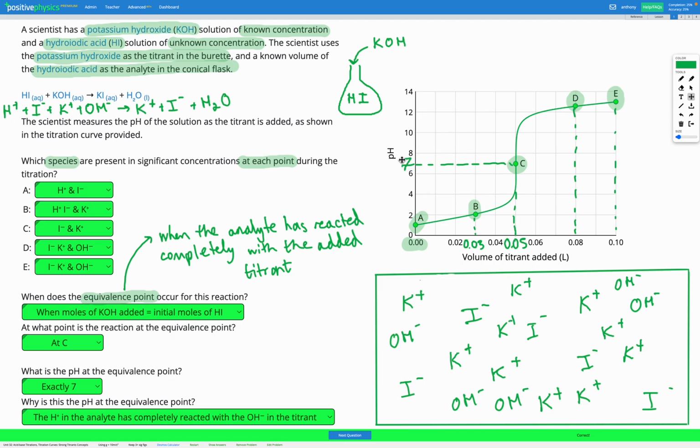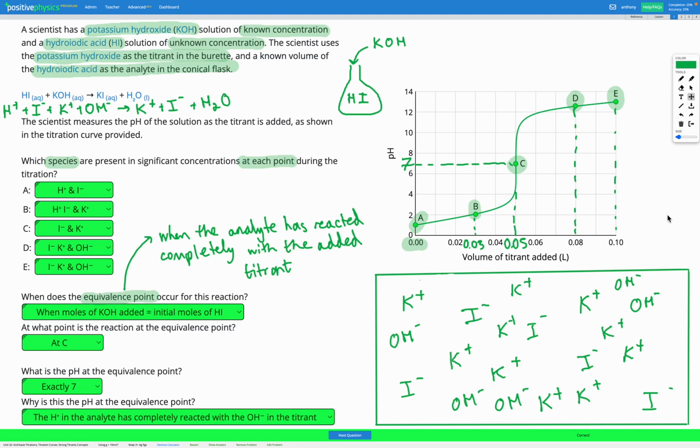We know that because the pH is 7, and since we have a strong acid and a strong base, the pH is going to be 7 at that equivalence point. The reason why is that at that moment, all the H+ that was in our analyte, the hydroiodic acid in the conical flask, has reacted completely with the OH- added from the potassium hydroxide, which is the titrant, so that it's been neutralized. And we're just left with K+ and I-, which are not acidic or basic ions.